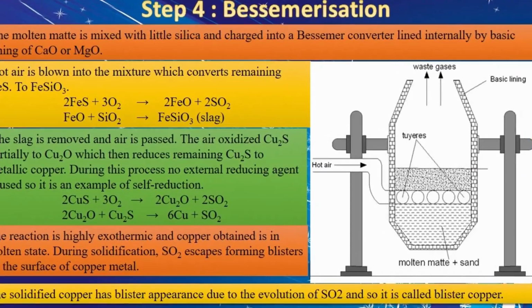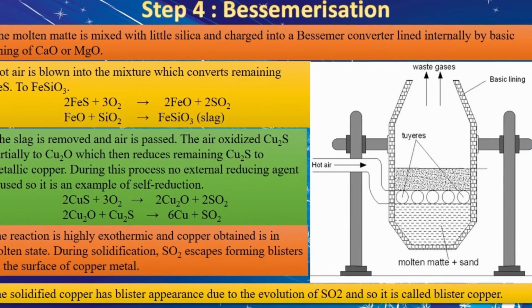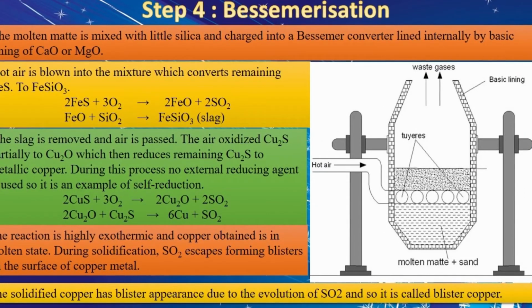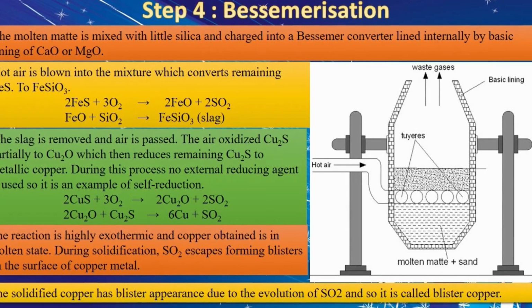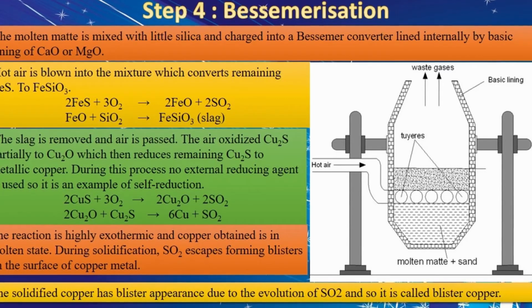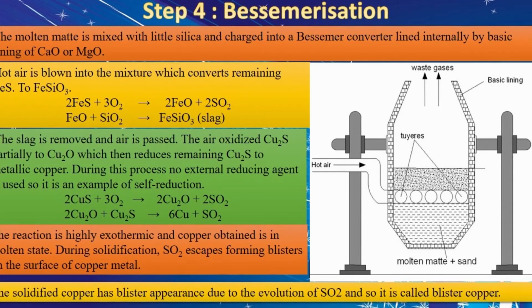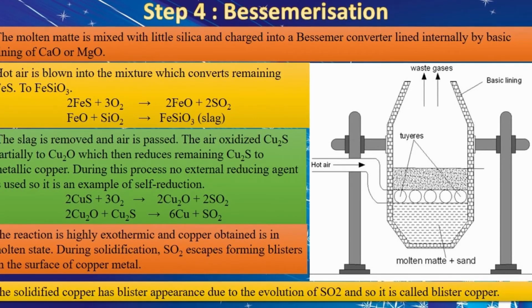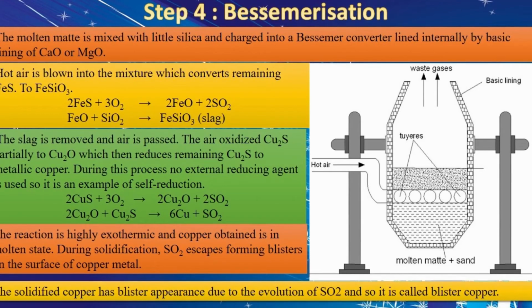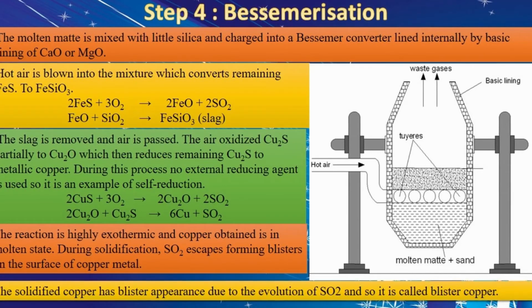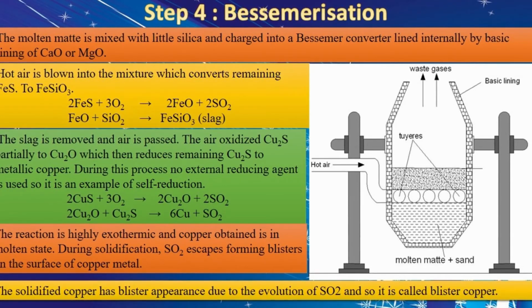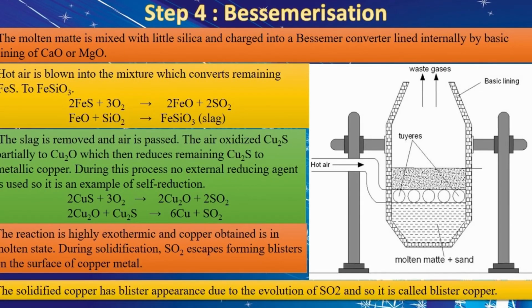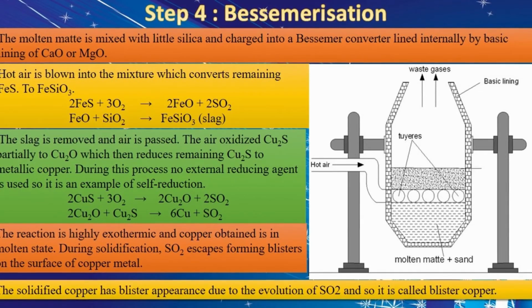The last step involved in the extraction of copper is Bessemerisation. The molten copper matte and sand is taken in the Bessemer converter lined with calcium oxide or magnesium oxide. Then hot air is blown into this Bessemer converter using tuyeres. The hot air will oxidize the remaining ferrous sulfide to ferrous oxide.